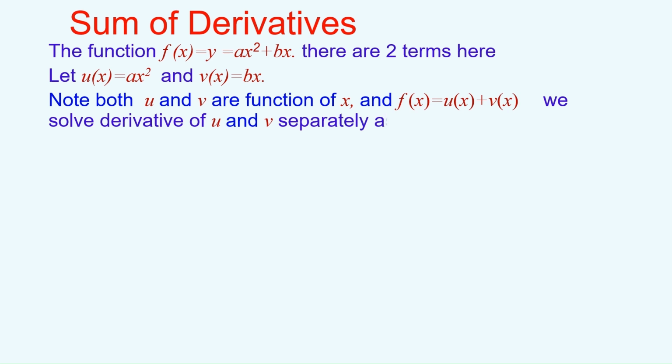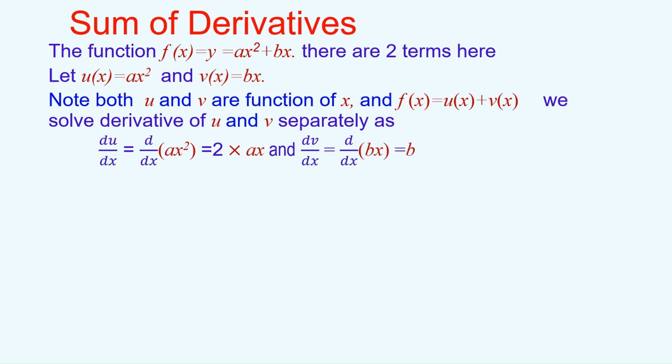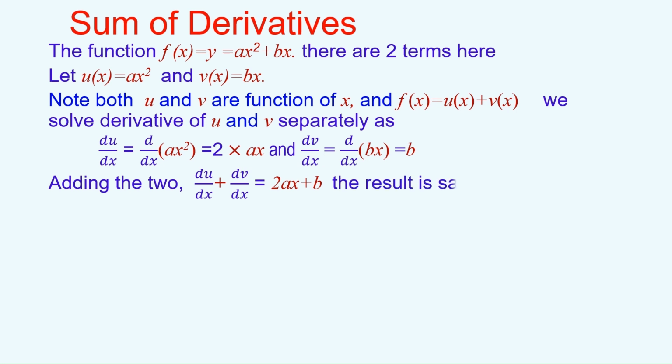We solve the derivative of u and v separately as du/dx equals d/dx of ax squared equals 2 times ax and dv/dx equals d/dx of bx equals b. Adding the two, du/dx plus dv/dx equals 2ax plus b.